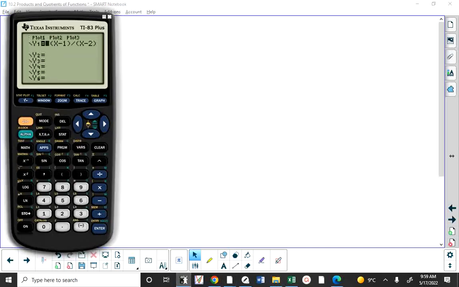So this time we're going to flip things over. I'm going to have x minus 2 over the square root of x minus 1. Zoom 6. Okay, it almost looks logarithmic, but it isn't.